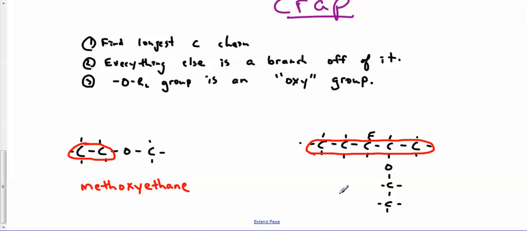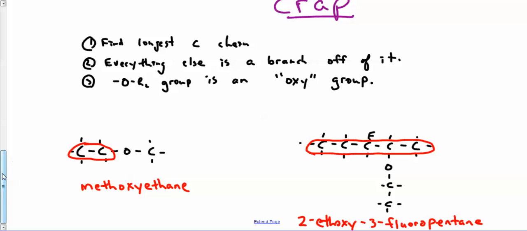So I'm going to say that this is off of number 1, 2. This is 2-ethoxy, 3-fluoro pentane, because there's 5 carbons in the longest chain.